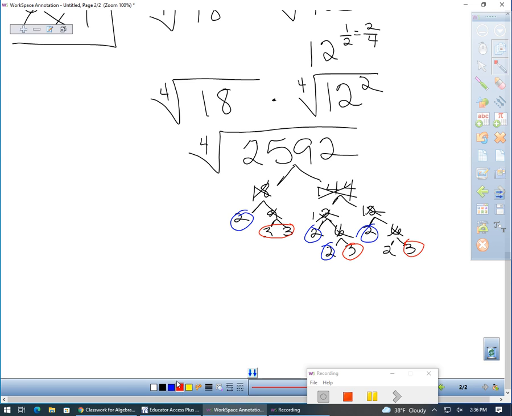When they both come out, what do we do with them? Times them together. Very good. So 3 times 2 is 6. 4th root. What is left over? A 2. That's it. So I know like a week and a half, 2 weeks ago, I told you couldn't multiply those together. Now you can. Right? We just have to change the size of the radical.